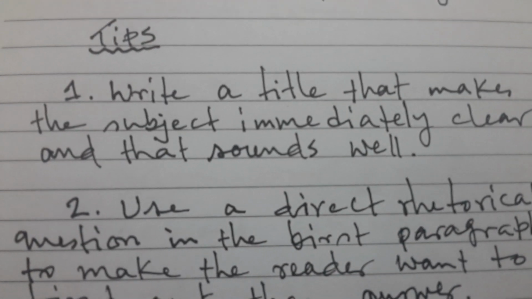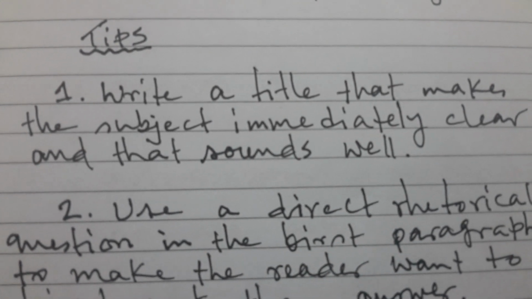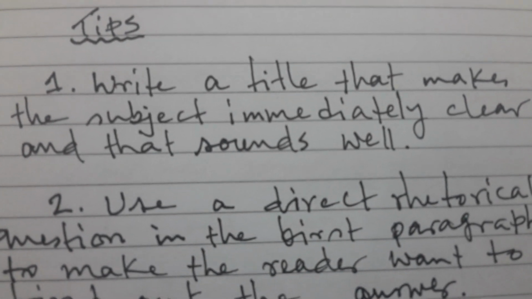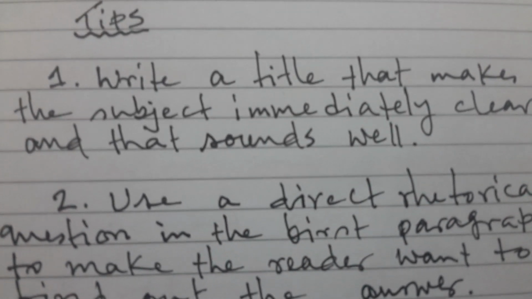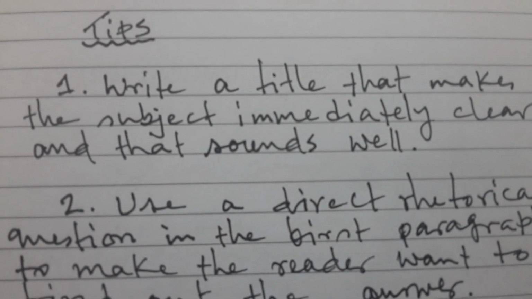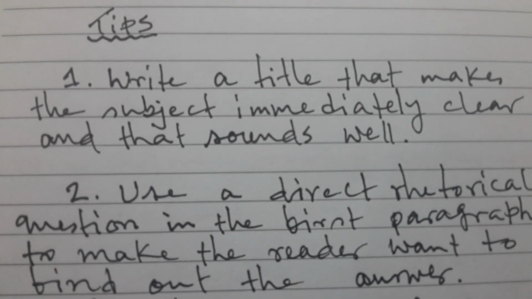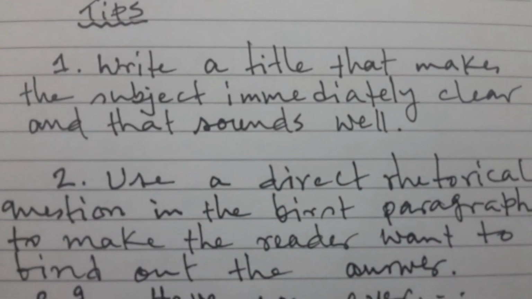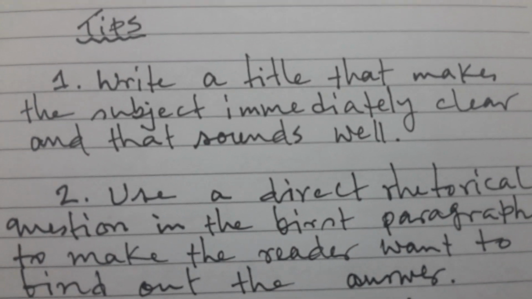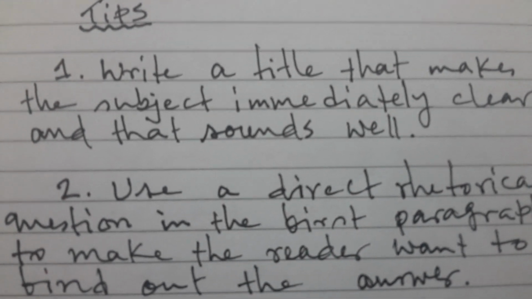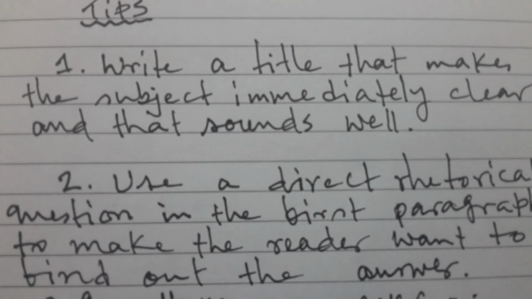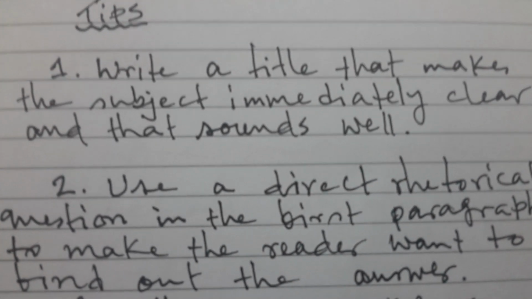And for Edexcel students, your one is basically a directed summary writing, so you must have your content points ready, and then these tips apply. First tip, write a title that makes the subject immediately clear and that sounds well.